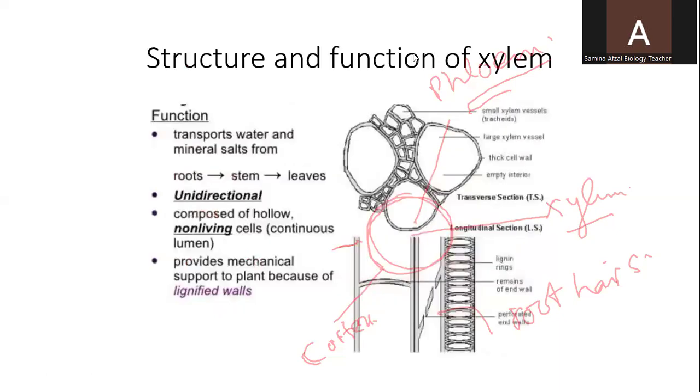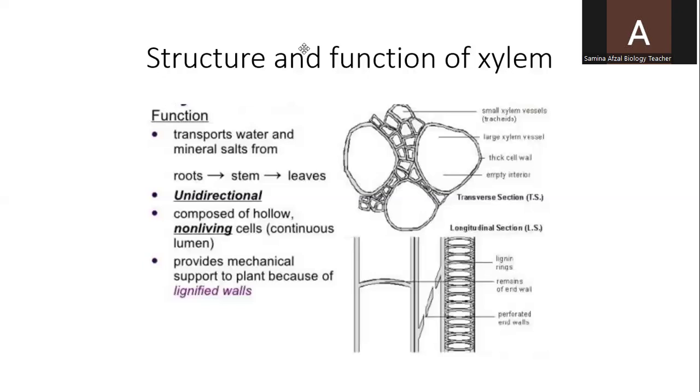Next, the structure and function of xylem, which we have discussed. It conducts the water from the soil towards the upper parts of the plants. So this is its function. One function is that it supports the plant.